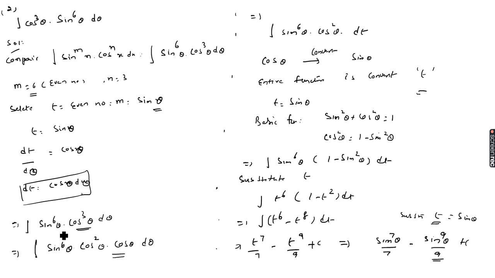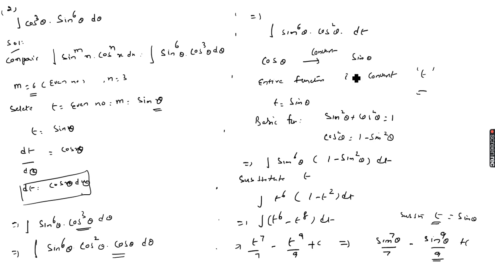So the question is sin power 6 theta into cos cubed theta into d theta. From the cos cubed theta we need one cos value, so it can be written as cos square theta into cos theta. And cos theta into d theta can be written as dt.